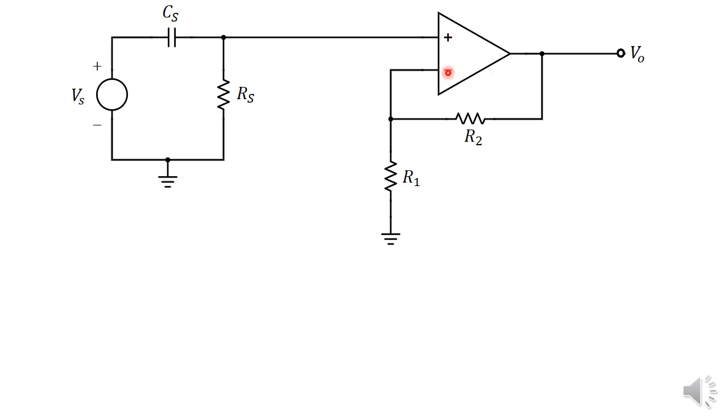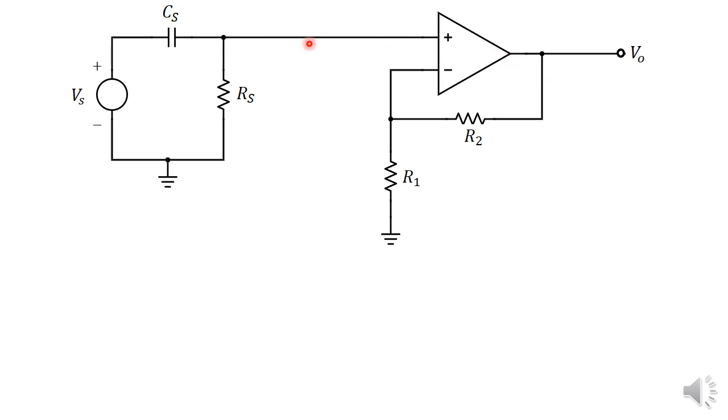Whatever voltage appears here is going to be amplified. Of course, the voltage that appears at this point is not going to be equal to Vs. It's going to be slightly different because it's going to divide between Cs and Rs. But whatever this voltage is, that can be amplified.